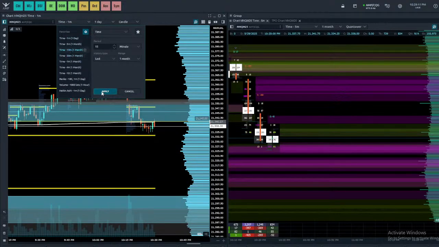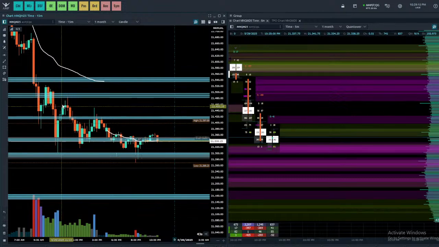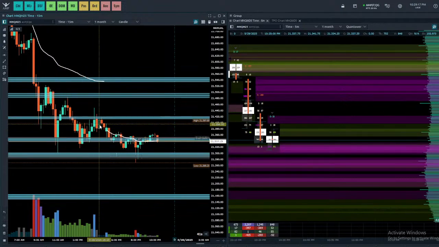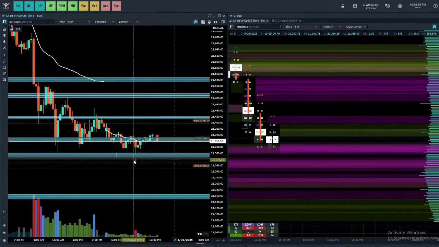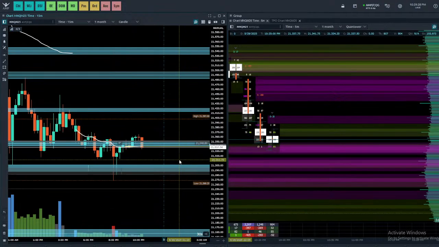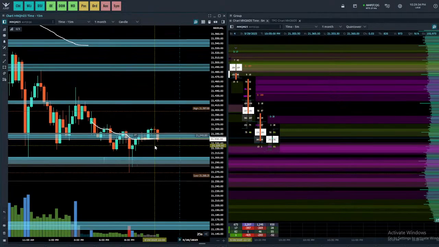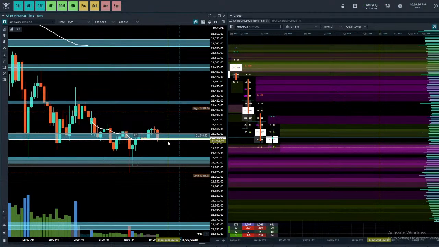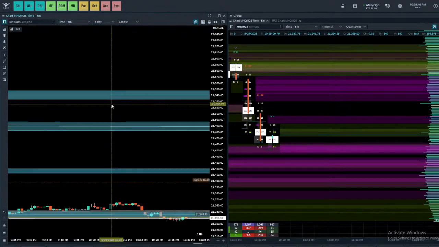I keep going to my 15 minute and I'm not even looking at the structure. Lower high, lower low, lower low. Higher high. But we just made another lower low. Boom. This can push back down.